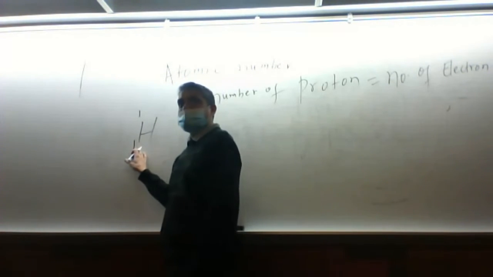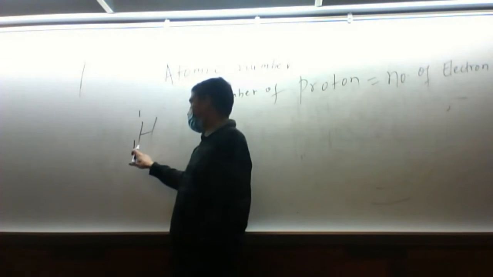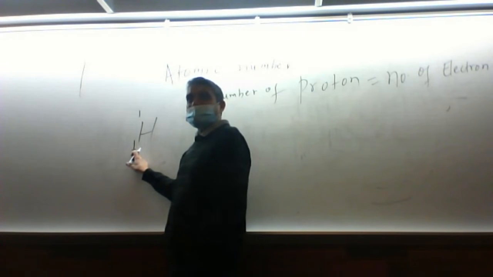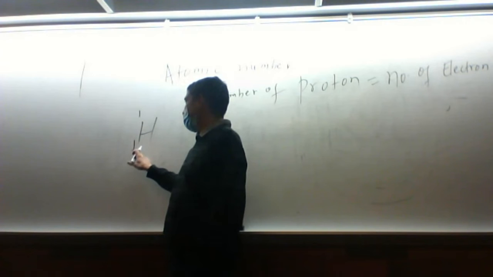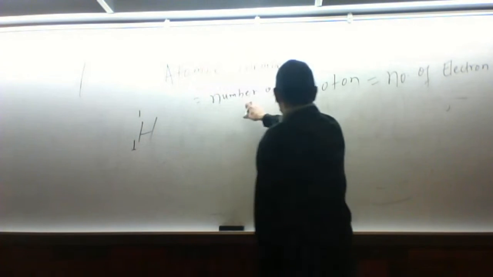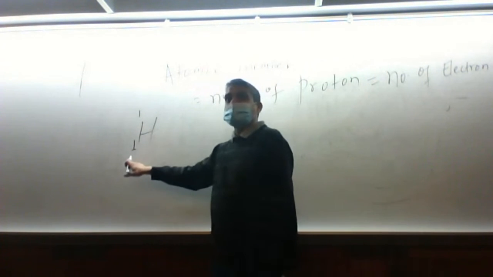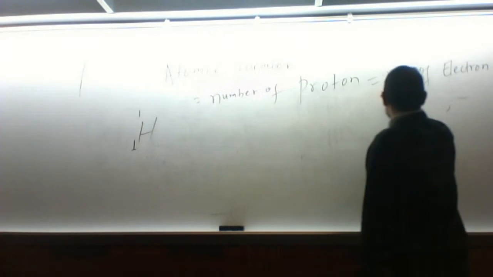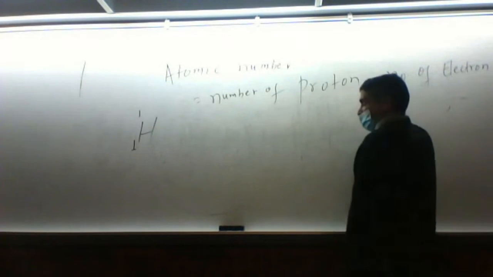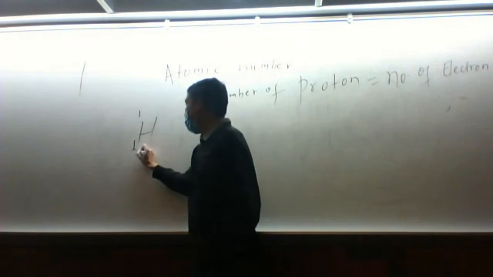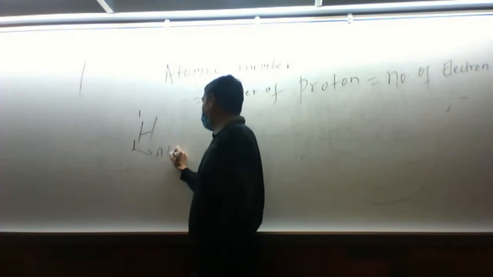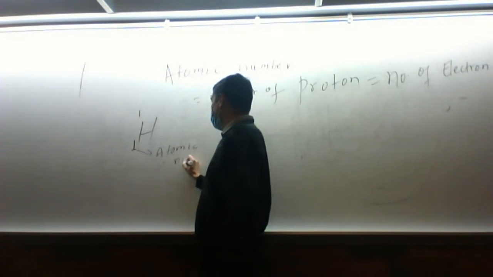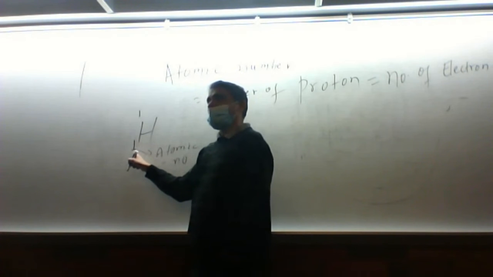So if you look at the periodic table, the smaller number here is called the atomic number. So how many protons does hydrogen have? The number of protons hydrogen has is 1. Make sense? Good. And how many electrons does hydrogen have? Same. The number of protons and the number of electrons are the same. So this is the atomic number. Where is the proton?